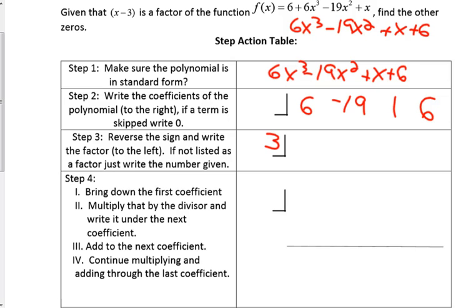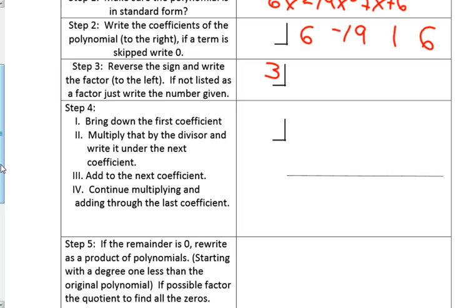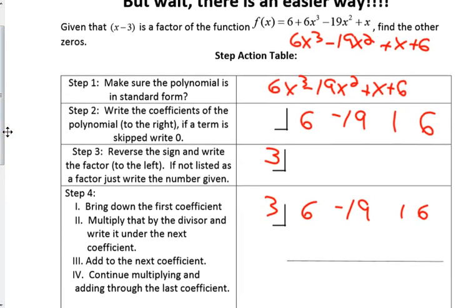Now we're going to combine those two steps together. I've got 3 on the outside, and then I have 6, negative 19, 1, and 6. How do we get this 3? In the problem, it told us what the factor was, so if it gives you a factor, you have to reverse the sign of the number and write it on the outside.